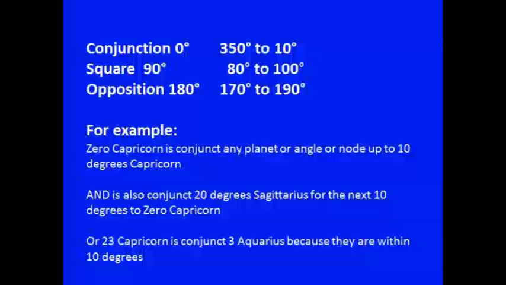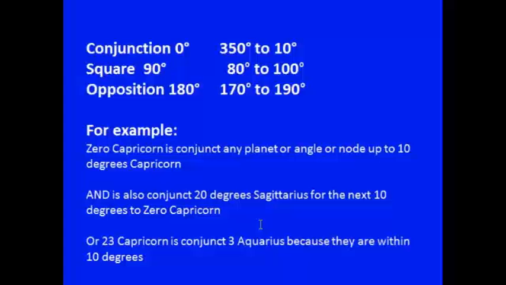So that's why up here it says conjunction is 0 degrees between the planets, but there might be 350 degrees on one side, the example of 20 degrees Sagittarius to 0 Capricorn, or 10 degrees on the other side, the example of 0 Capricorn up to 10 degrees Capricorn.